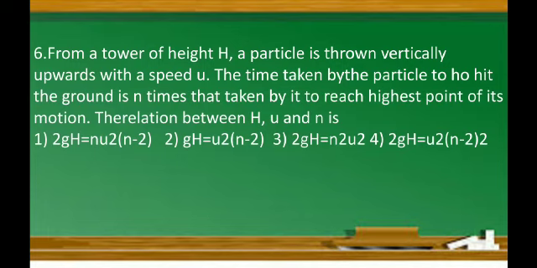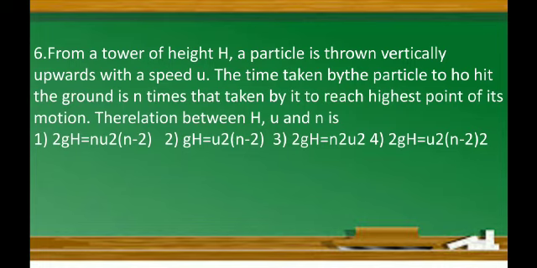Sixth one. From a tower of height h, a particle is thrown vertically upwards with a speed u. The time taken by the particle to hit the ground is n times the time taken by it to reach the highest point of its motion.